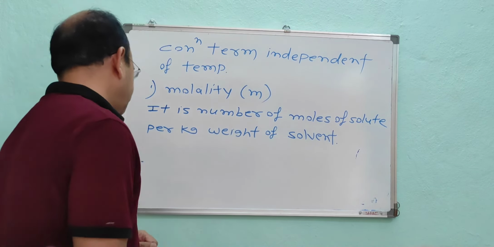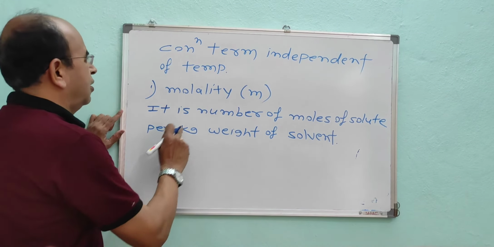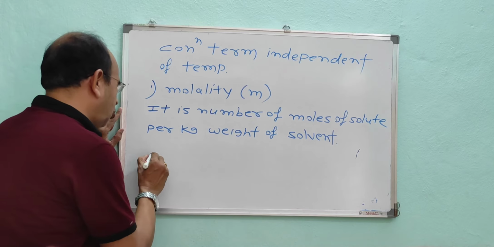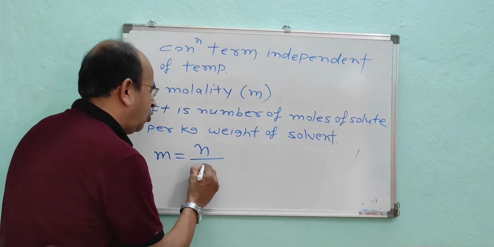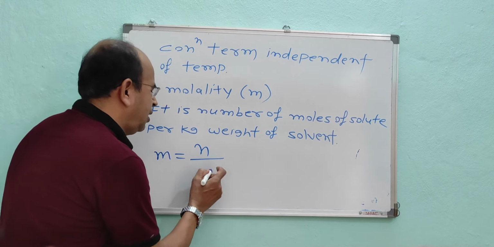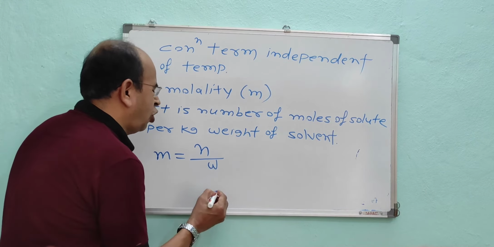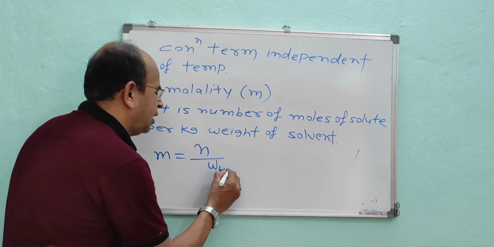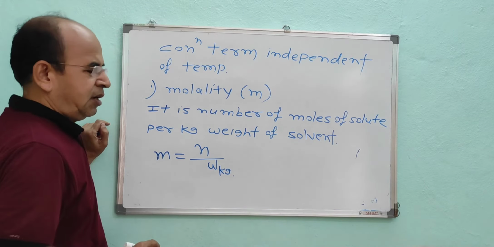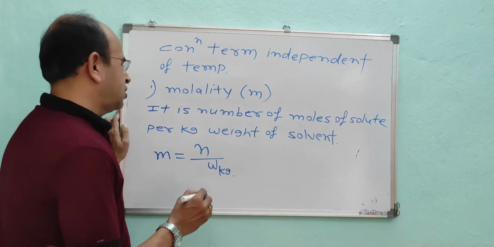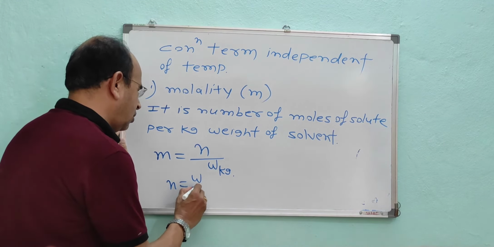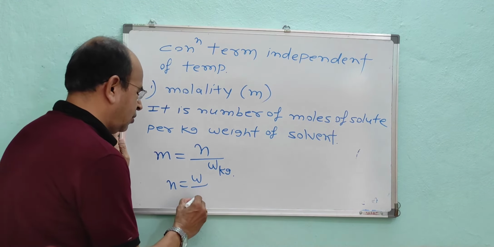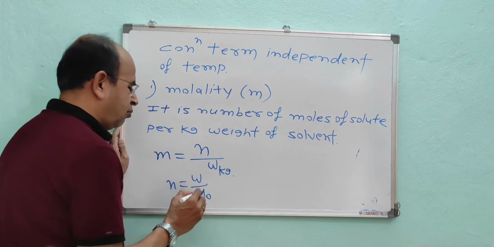So I will write here, molality is equal to what? Molality is equal to number of moles divided by, not volume, the weight of solvent taken in kg. Now you know the number of moles: n is equal to W upon molar mass.